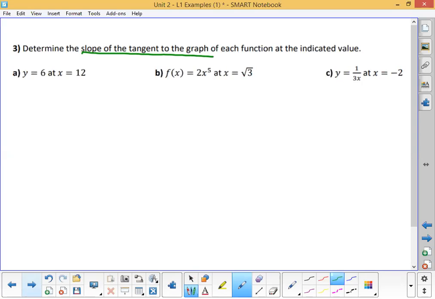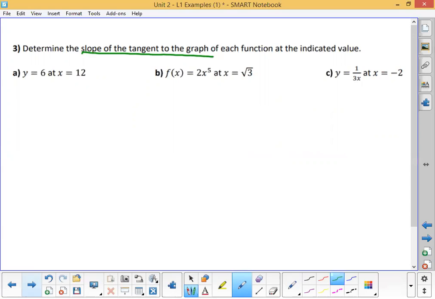And yesterday, or in the videos for both power rule and product rule, I did show how we can go from the slope of the tangent to the graph using a particular point on the graph to find the linear equation of the tangent. That process is a three-step process, but the derivative is only the slope of the tangent to the graph.